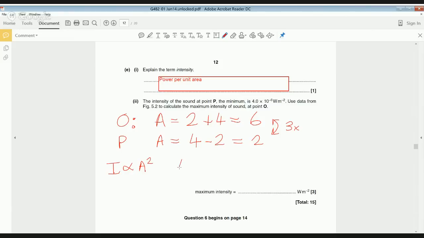So our answer will be 4.0 times 10 to the minus 6 multiplied by 3 squared, or 9, and that will give us a maximum intensity of 3.6 times 10 to the power of minus 5.